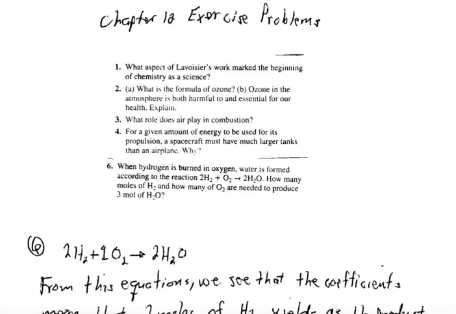In the upper atmosphere, actually in the stratosphere, ozone is very useful because it absorbs ultraviolet radiation and prevents that radiation from reaching ground level where we live. So ozone is needed greatly in the upper atmosphere.